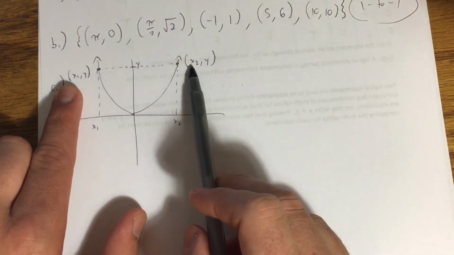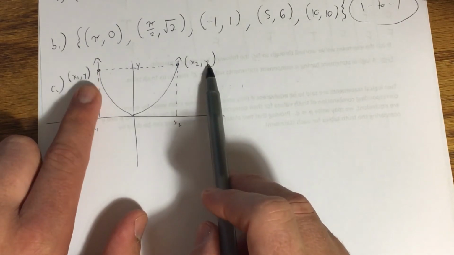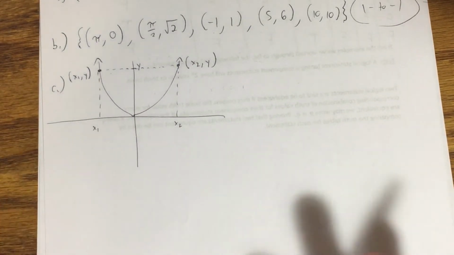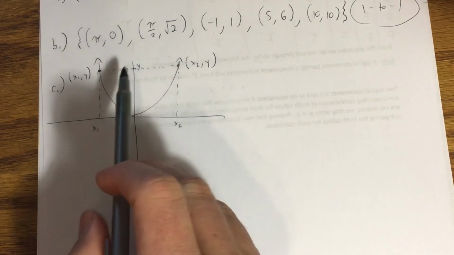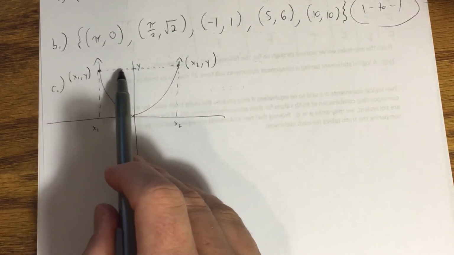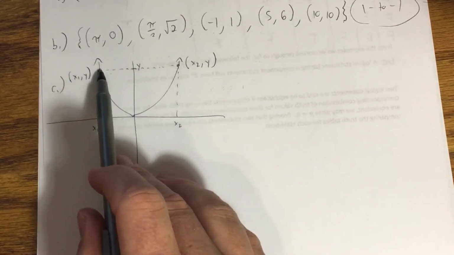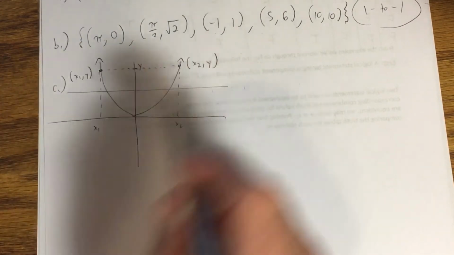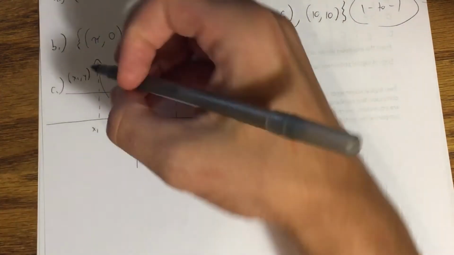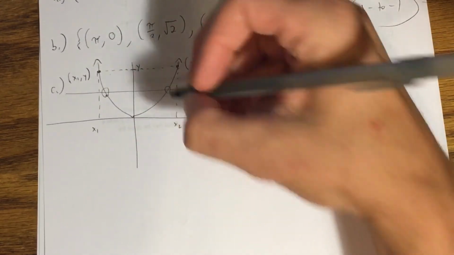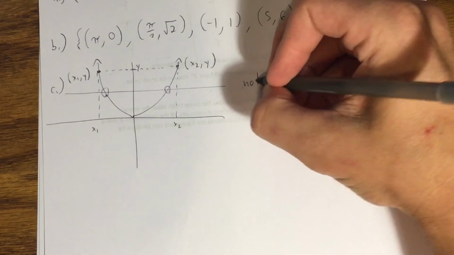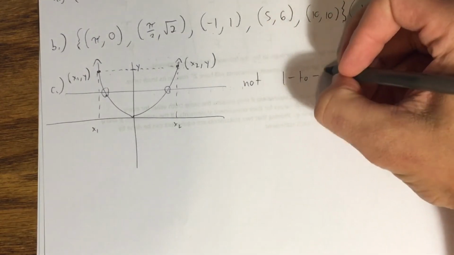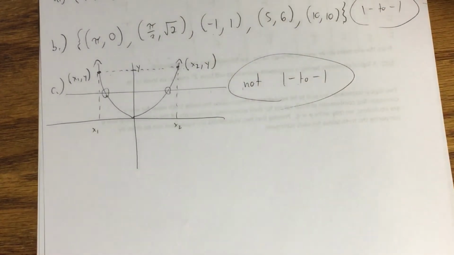Different inputs corresponding to the same output y. That means that this is not one-to-one. But notice the line that joins those two distinct points is a horizontal line. So for one-to-one functions, we have a different test that we call the horizontal line test. This horizontal line also hits the graph in two places. Because of the horizontal line test, we would say that it's not one-to-one. Okay?